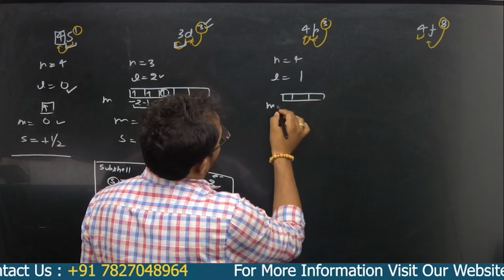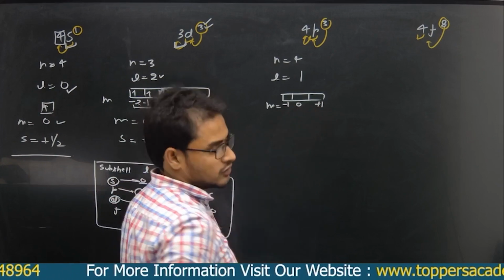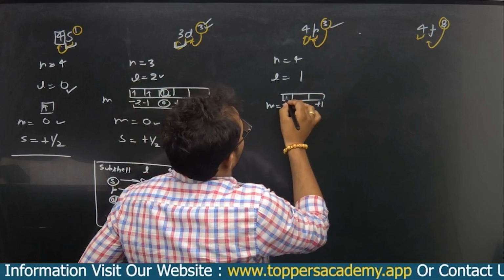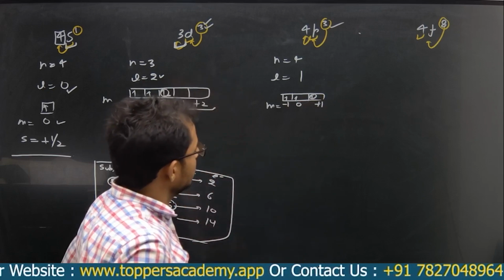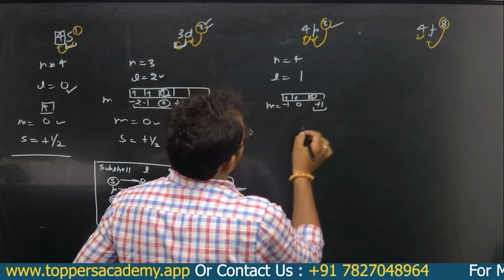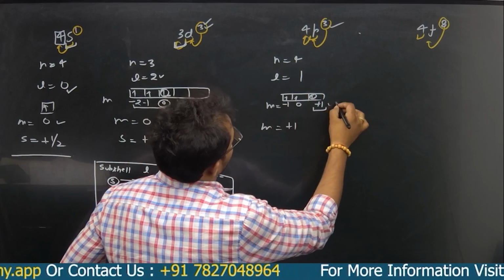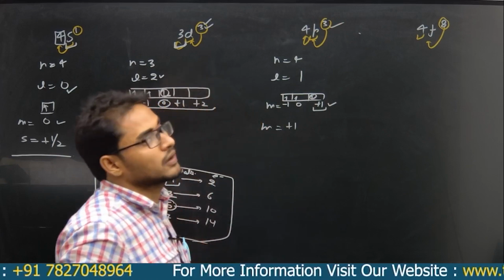The value of m is minus 1 to plus 1, so 0 will be in between. I am going to fill 3 electrons here: 1, 2, 3. We have to calculate the value of m for the third electron, and its spin is plus half. So out of these 3 possible values, plus 1 is for the third electron which is present in the p subshell of the fourth shell.